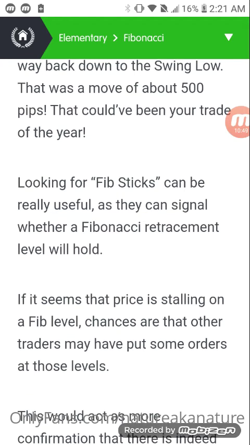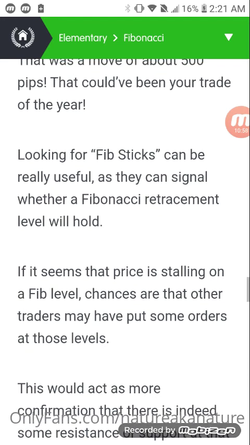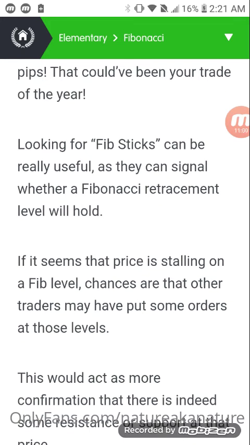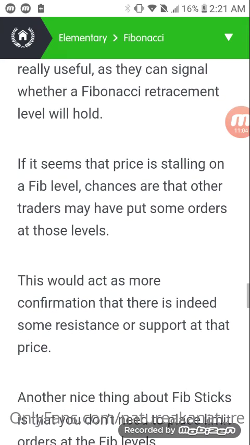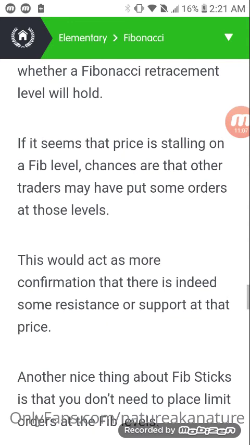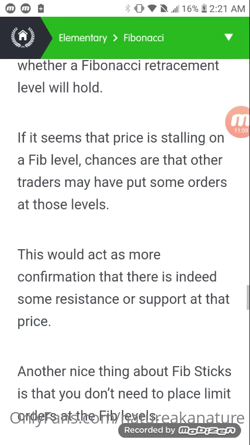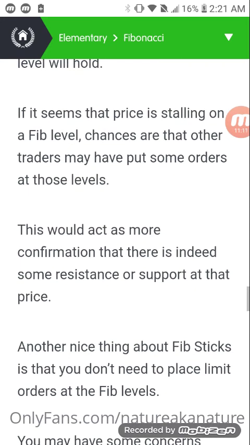If it's consolidating for a little bit, it means sellers or other traders are putting orders at those levels, whether it be 61.8 or 50. So this is more of a confirmation that there is indeed some resistance or support at those price levels, because traders are looking at those support and resistance levels.